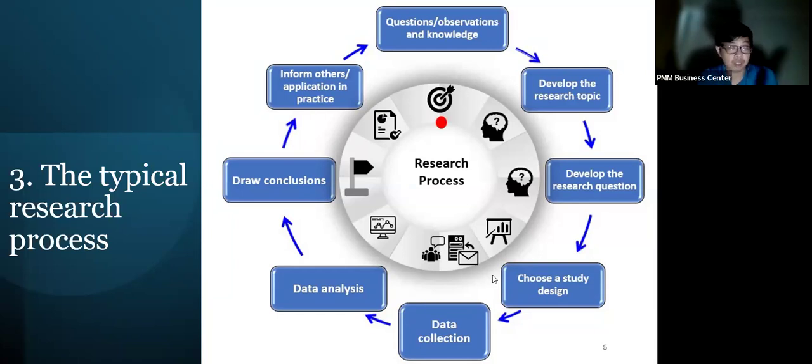During or after the data collection, we make the data entry and do some data coding and analysis, and finally is the writing up stage where we can draw conclusions and inform others to apply in practice. This process can be repeated, and it can enter into the next phase of the research cycle if necessary and applicable.